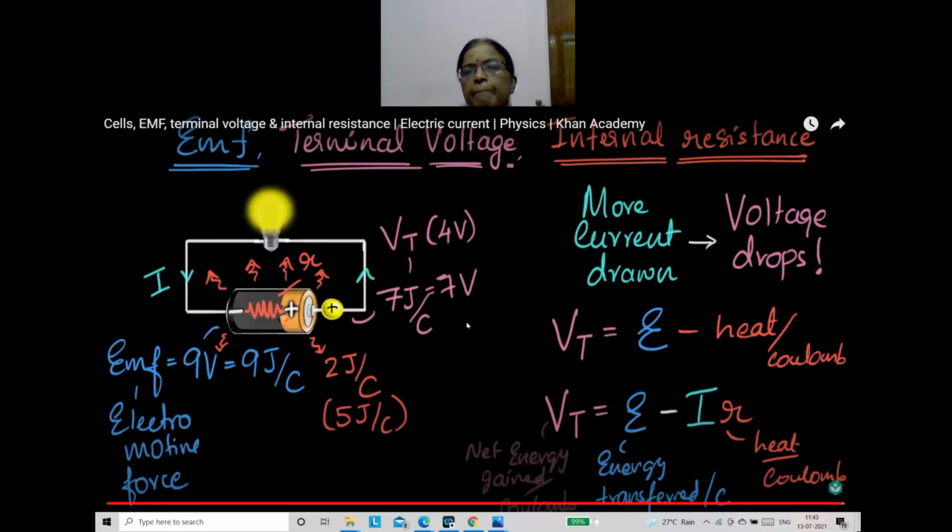Now, what is the difference between EMF and terminal voltage? Adilakshmi, what is the difference between EMF and terminal voltage?